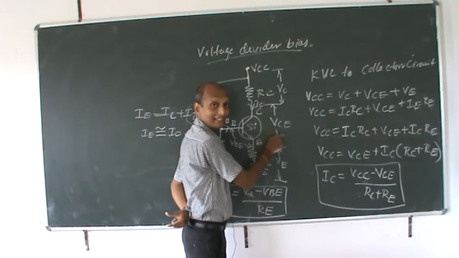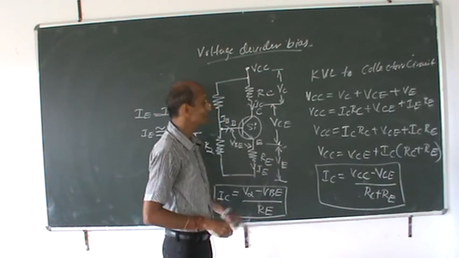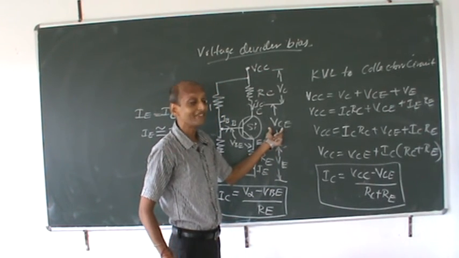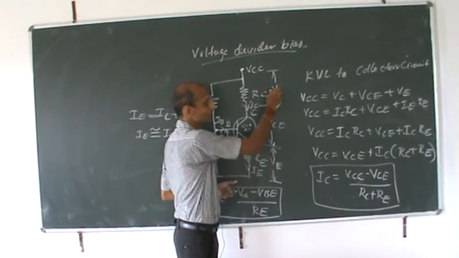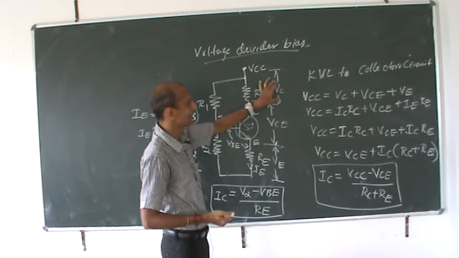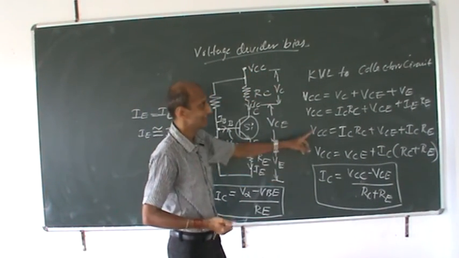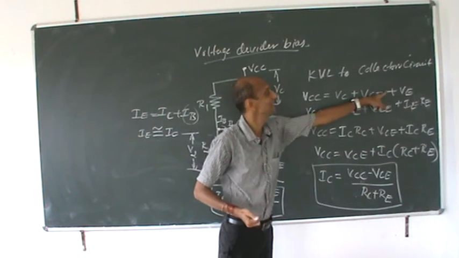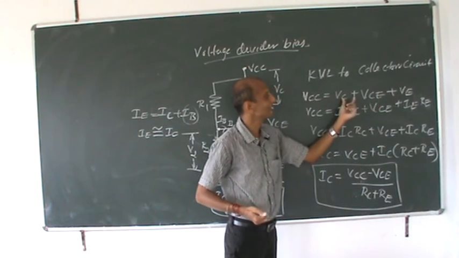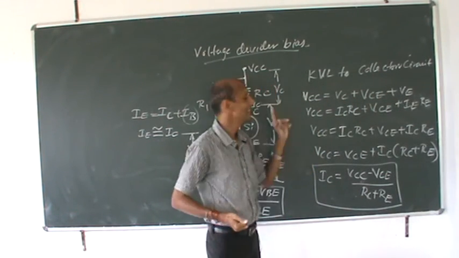So this is where we can go for the VCE. VCE can be written as VCC minus VC plus VE, the same formula we have written.